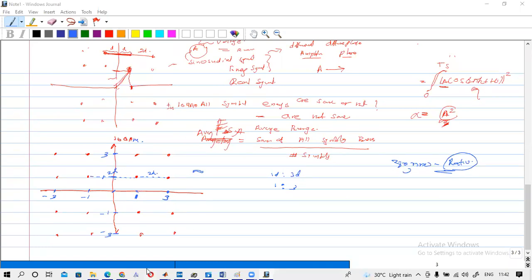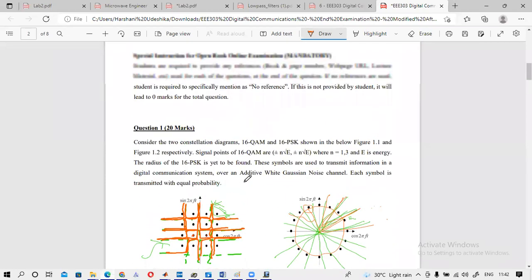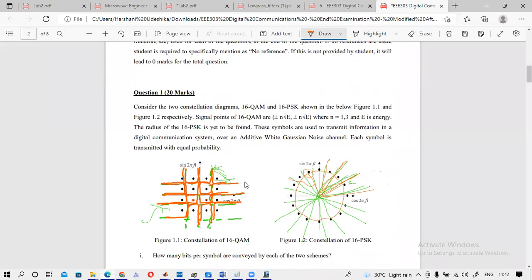Now we are given a clue here. The signal points of 16-QAM are plus or minus n root t, plus or minus n root t. That is the clue. For this question you don't need to go through it like that, but it is a general phrase, that is why I tell you.